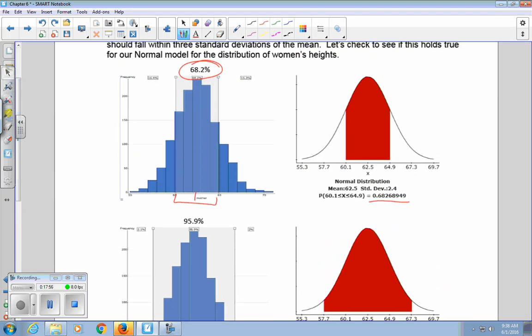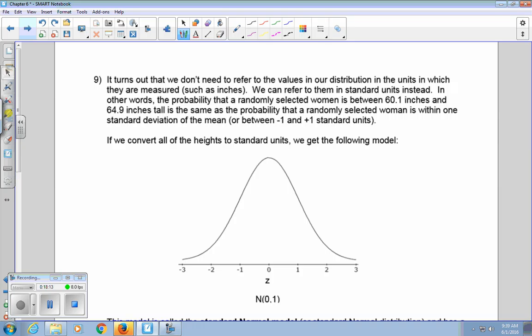So after we've taken a minute to draw our data in a histogram and find out whether it's unimodal and symmetric, we can see if the empirical rule holds, and then we can be pretty confident that the normal model is a good fit for our data. It turns out that we don't need to refer to the values in our distribution in the units in which they are measured.